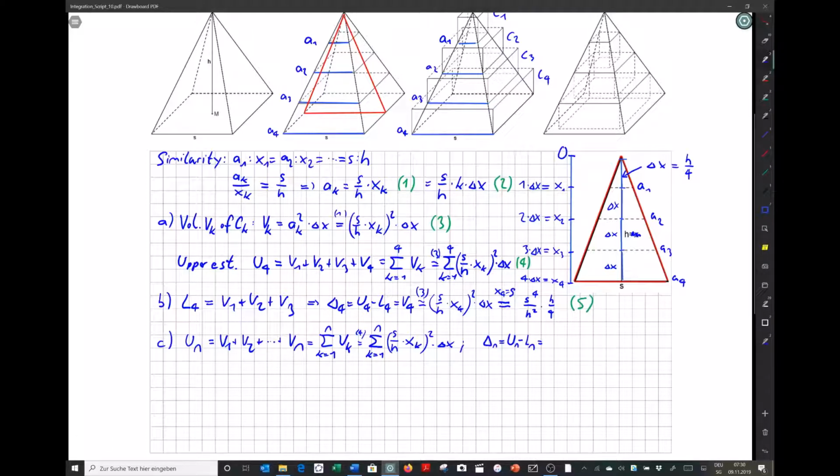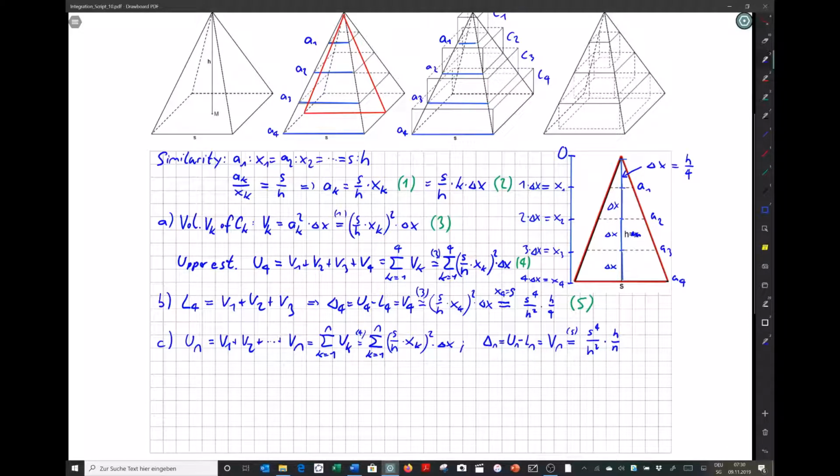The difference delta n between the upper and lower estimate again corresponds to the volume of the bottom cuboid, which in this case is just Vn, and we can use the formula 5, which means it is S to the power of 4 divided by H squared times H divided by n. Nothing else has changed, just the 4 has become n.